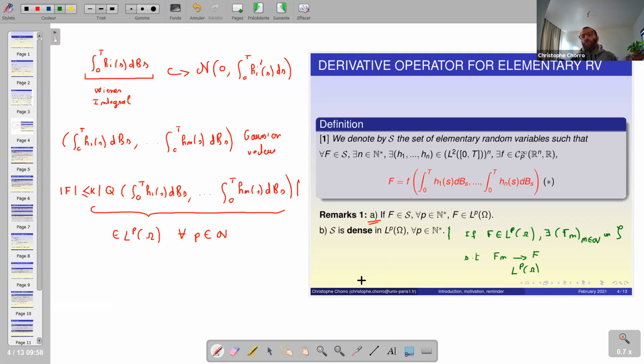So we are going to admit the density of S in L^p of omega.